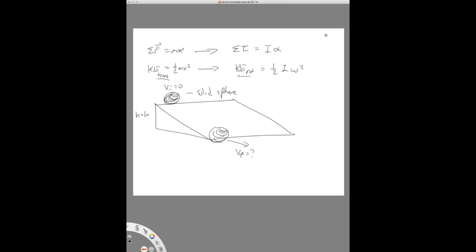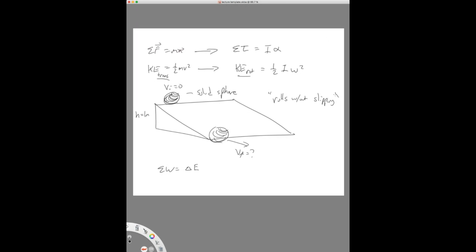So we've done problems like this before. We would say the net work equals change in energy. To find out if there is work, we would be asking about the external forces. And this is kind of subtle. When something rolls down a ramp, we say it rolls without slipping.